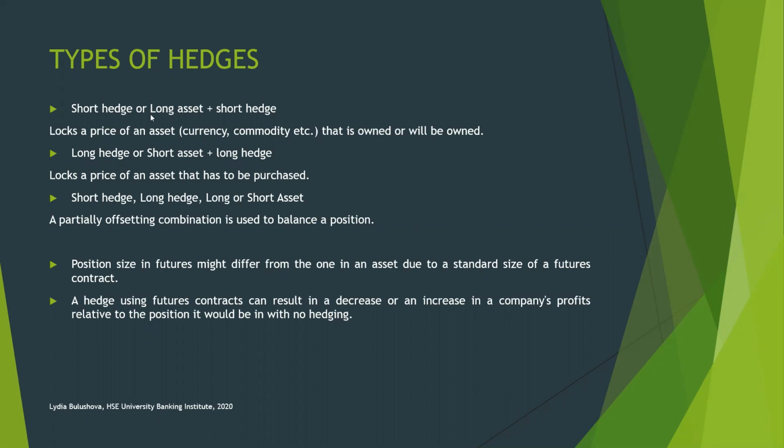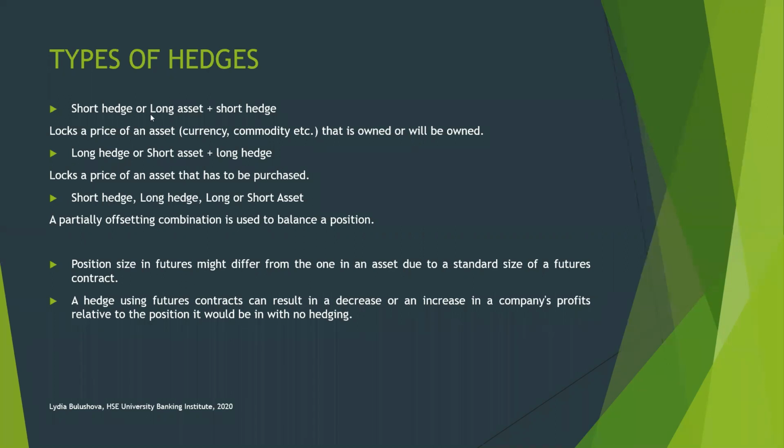So if you don't have an asset, you owe an asset, and you have a contract that allows you to buy an asset you don't have. This contract locks the price of an asset that has to be purchased.